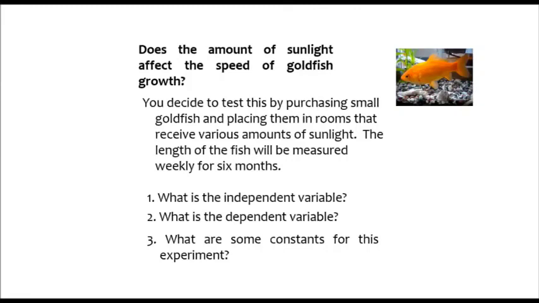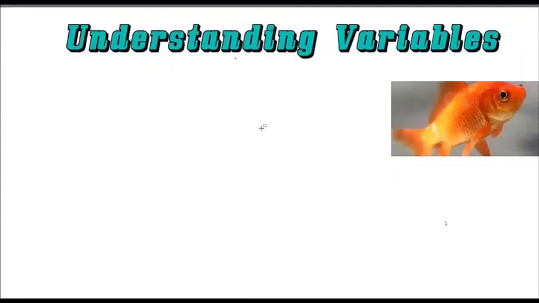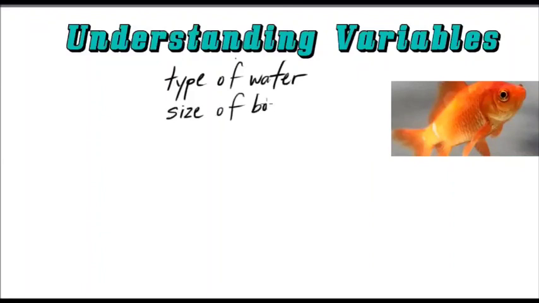So let's take a look at what those variables really are and see if we can understand the variables and how they affect this goldfish. So if we just listed some things that could affect this goldfish, let's say the type of water would be one. That would affect the goldfish. What else could affect the goldfish? The size of the bowl that the goldfish is in.